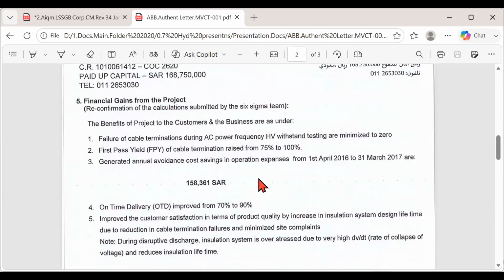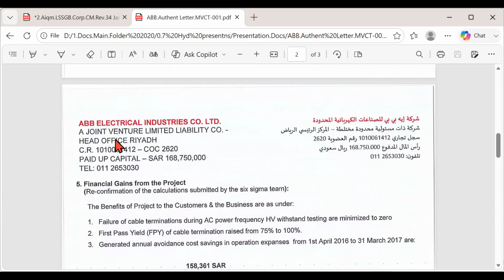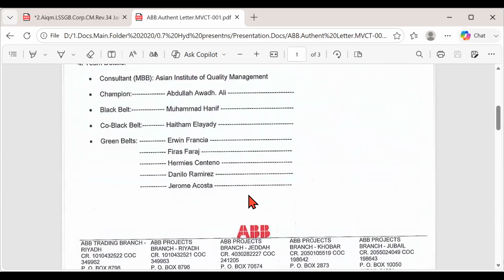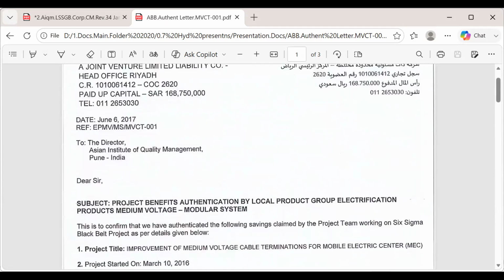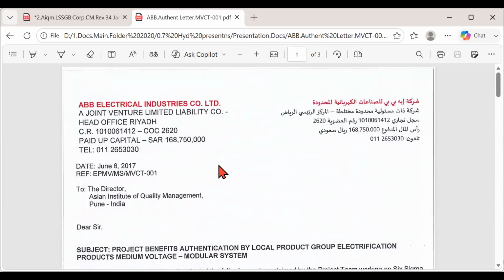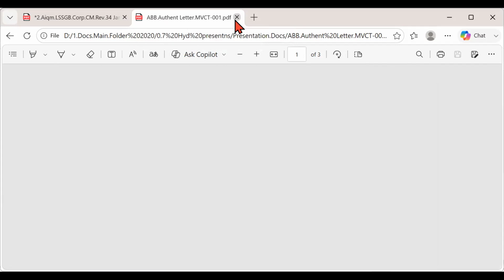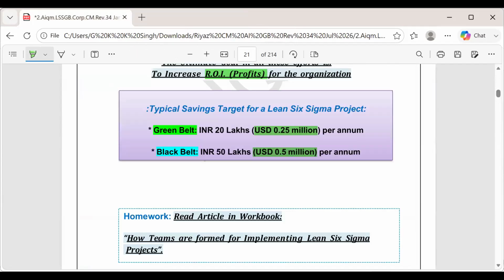The savings are calculated and shared by the team with the finance department, and those savings are reconfirmed by the finance department to establish whatever claim we are making regarding the savings. So these savings can be shown in different ways.